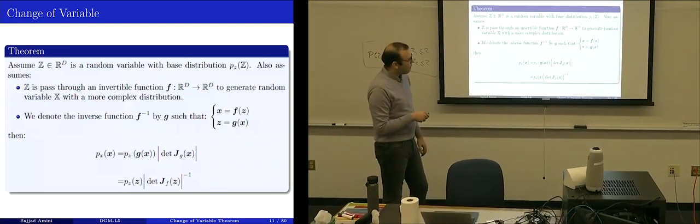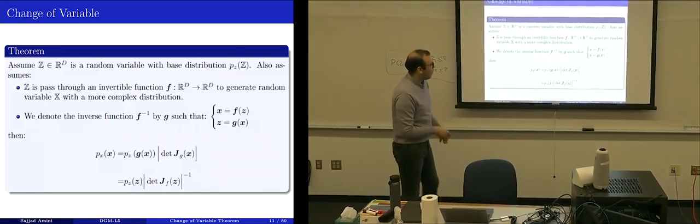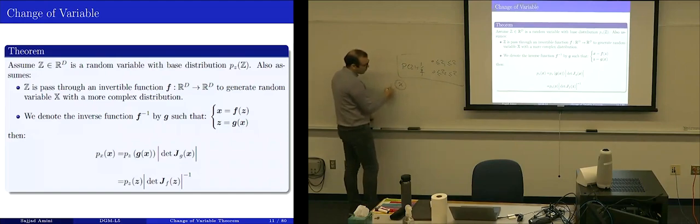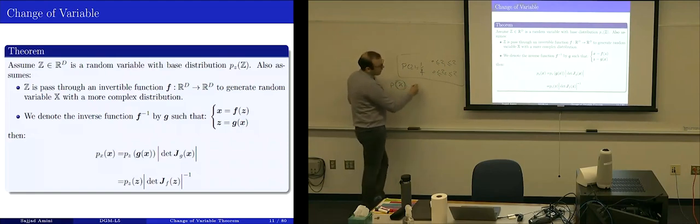So what happened? You have a point x, and you want to know the probability of this x. First, you should find the corresponding z, and we know that z is g of x. g is the inverse. Second, I calculate pz at this point. Let's talk about one point: x star, with g of x star equal to z star.